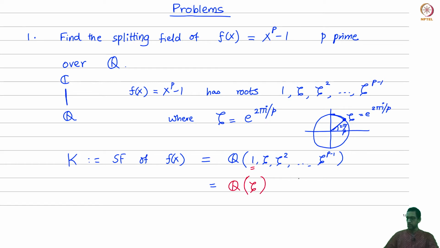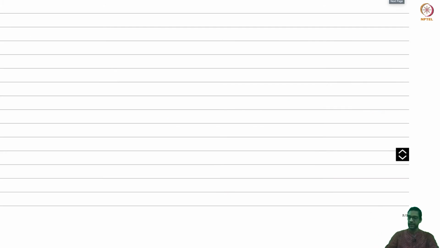So observe that all powers zeta to the k are automatically inside this field Q of zeta, for all k greater than or equal to 0. Okay, so we understand what the splitting field is. You can just get it by adjoining a single element to Q. That element is just the complex number e to the 2 pi i by p.